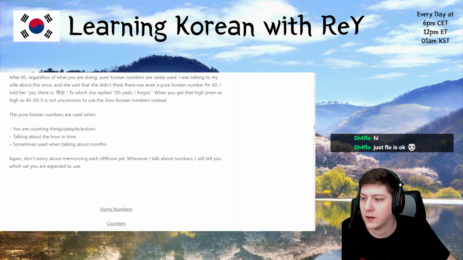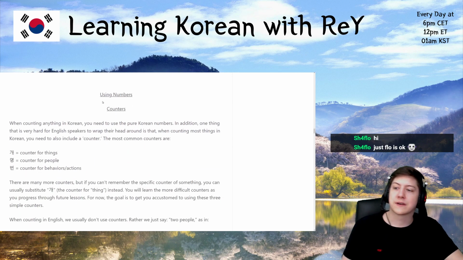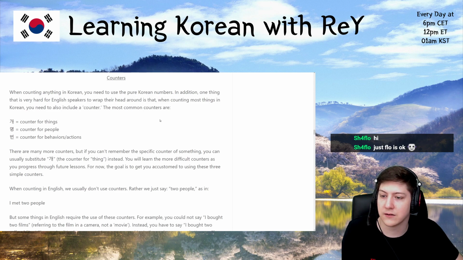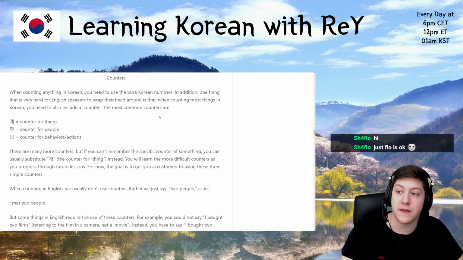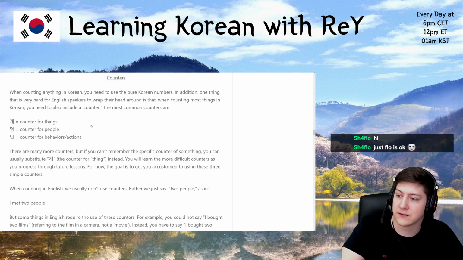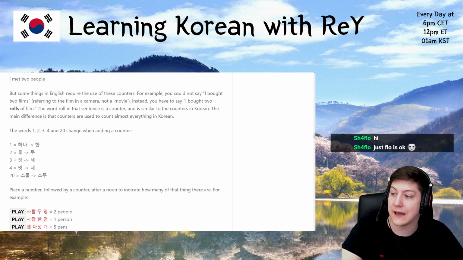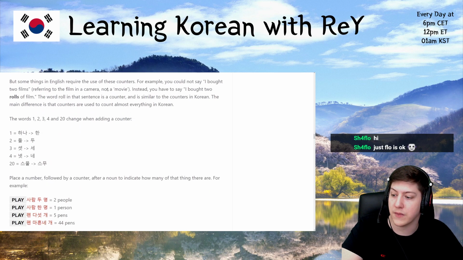Okay, and then we learned about the counters. Koreans are using counters whenever they want to say a certain number of books, a certain number of persons, a certain number of things. You need these extra words for it, and you mostly put the noun in the beginning.